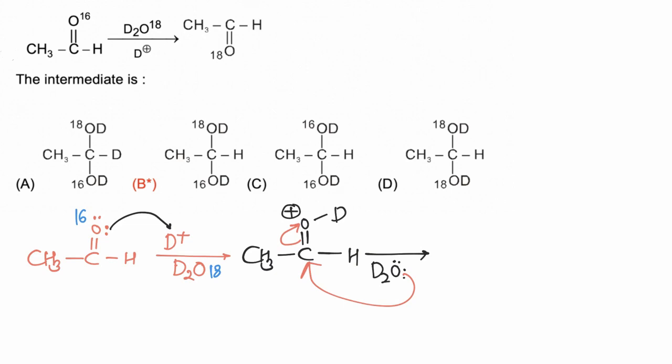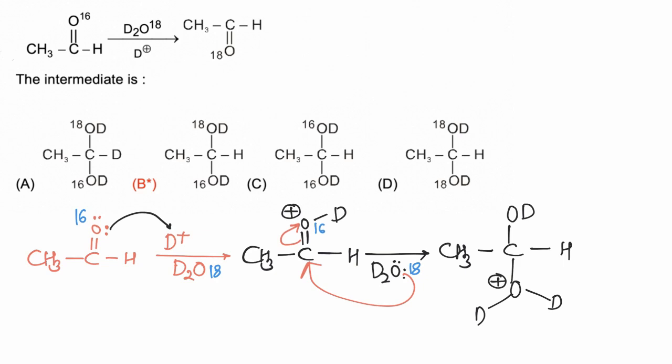Now the electrons will be shifted towards oxygen. This is oxygen 16 and D2O has oxygen 18. So OD, H and OD2 positive is formed. Now oxygen has a positive charge.